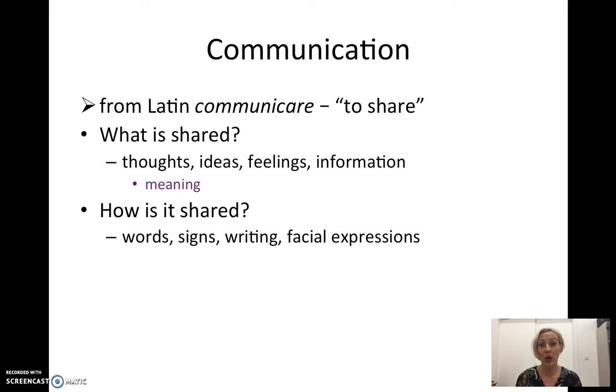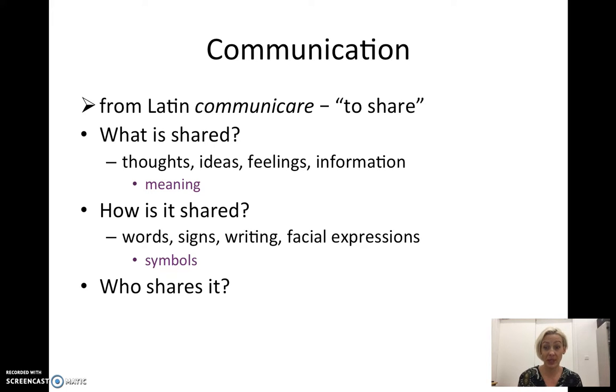And we can use words, we can use signs, we can use writing, we can use facial expression, gestures. We can use a lot of different symbols that represent the meaning that we want to share with someone.